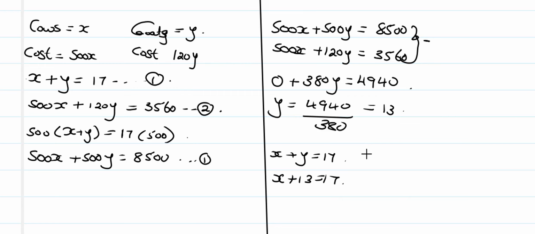And in that case, x is equal to 70 minus 13, which is 57. So this farmer bought 57 cows, which is x, and he bought 13 goats, like that.